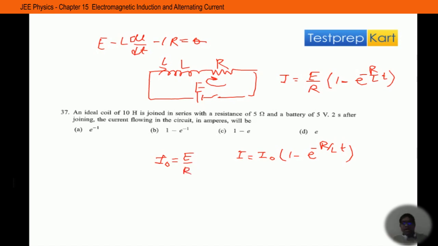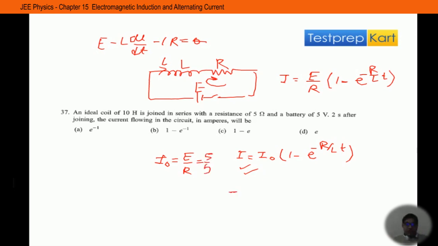After that, this change will take place. So this is the standard equation. Here E and R are given: R is 5 ohm and E is 5 volt. So E over R is 1, so we can calculate I naught, that is 5 over 5, which equals 1.